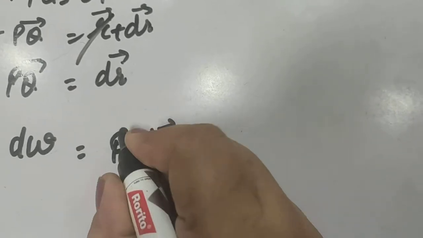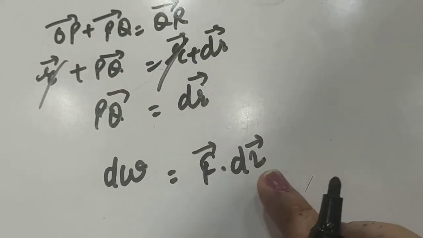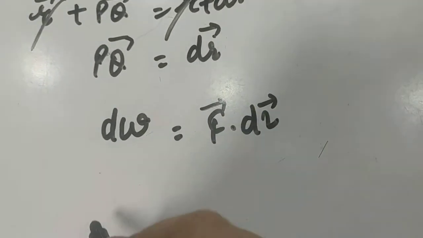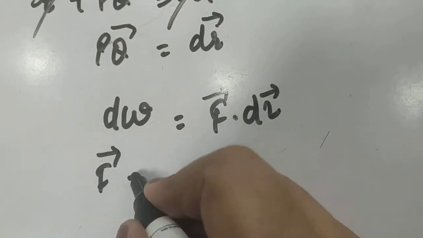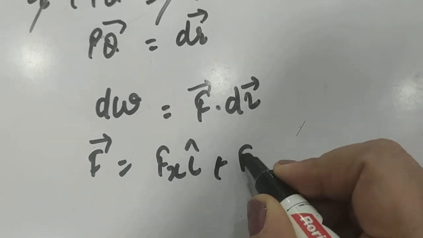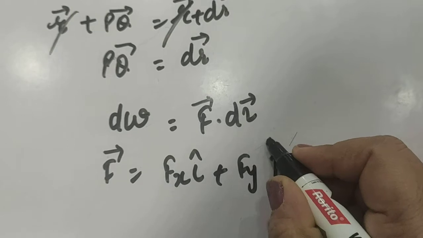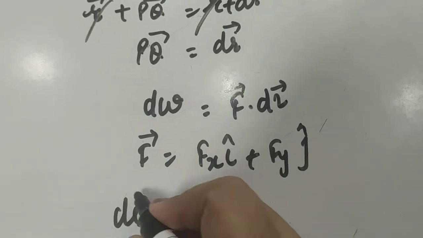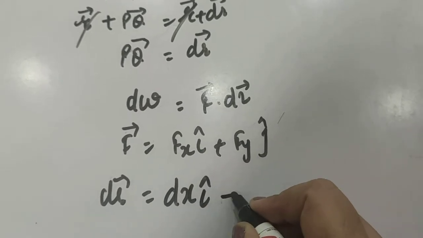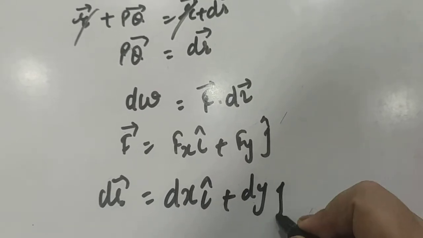Since we have applied a force F and the body has undergone a displacement dr, this is F into dr. Now we can resolve F and dr into two rectangular components. F can be written as fx i cap plus fy j cap. Similarly dr can be resolved into components dx i cap plus dy j cap.